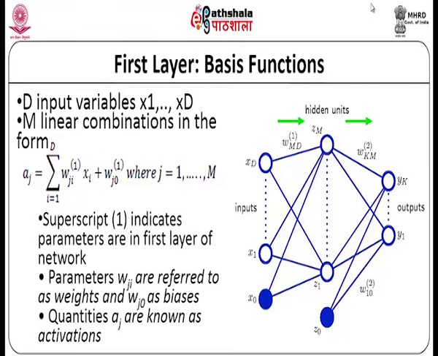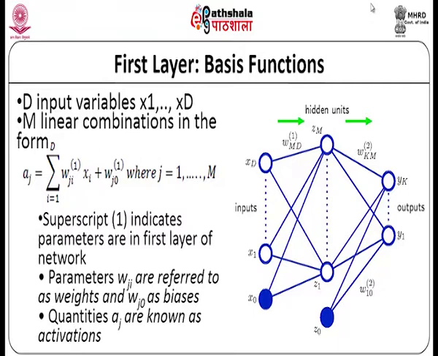The superscript 1 indicates the parameters are in the first layer. The parameters wji are referred to as weights and wj0 as biases. So, you can have two things, biases and weights. Every input variable is multiplied by its weight and then added to a bias, which is wj0. The quantities aj are known as activations.